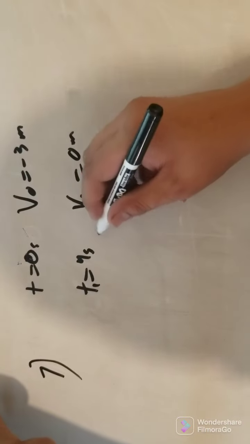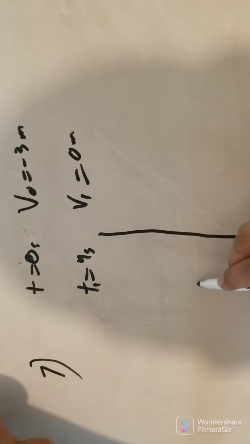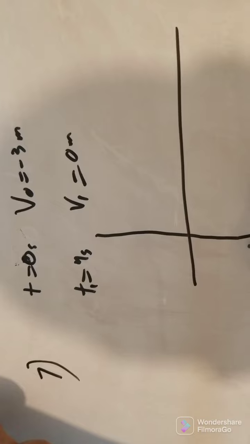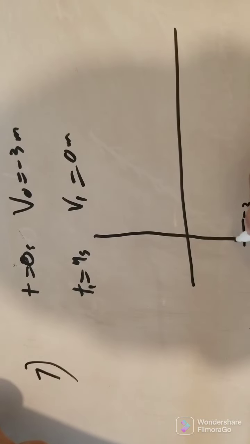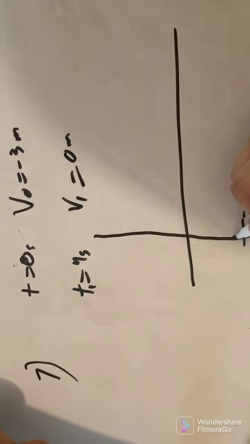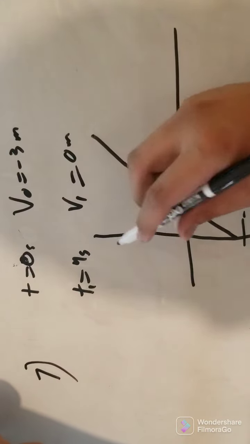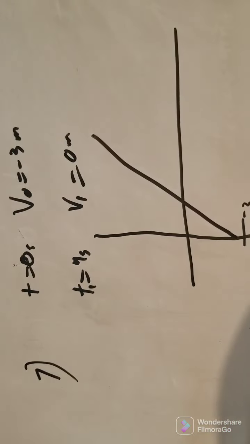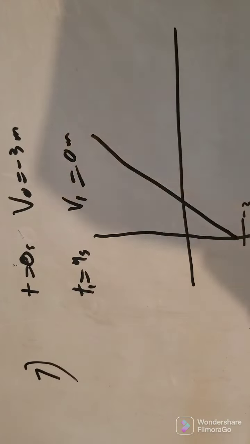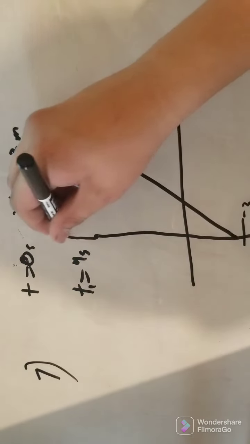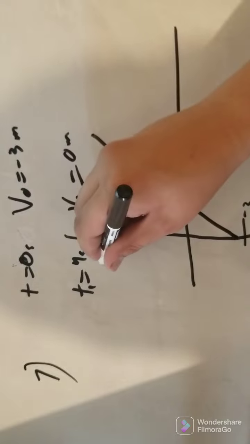So, as shown in the graph, -3 is going to be right here, and the line's going to start from here and go up to about +4. Let's just call it right there, 4.